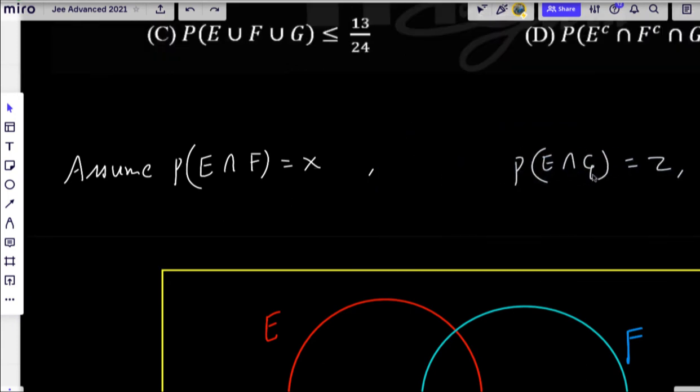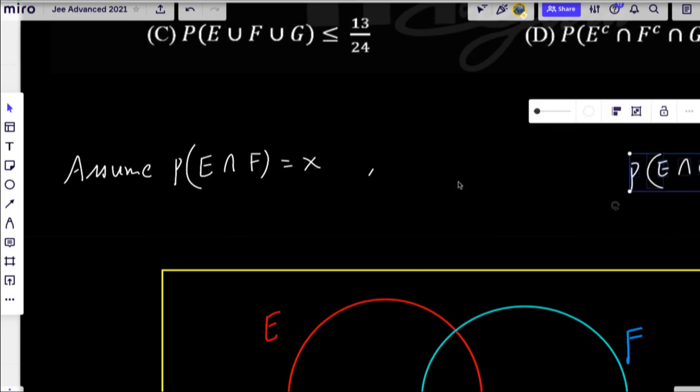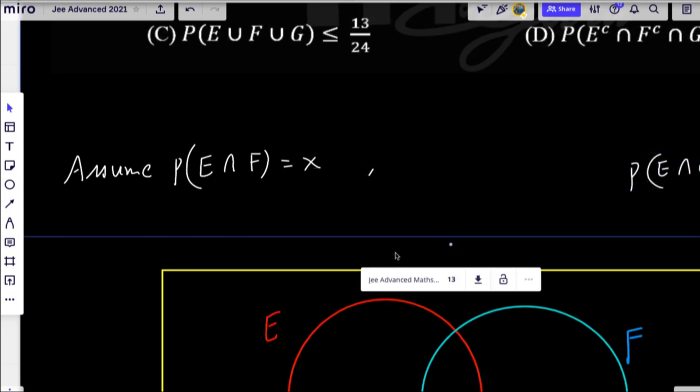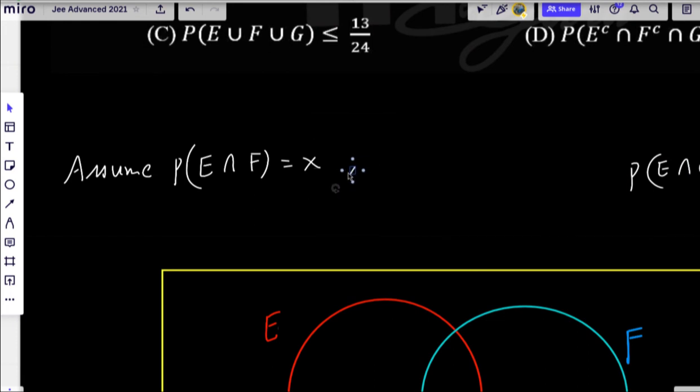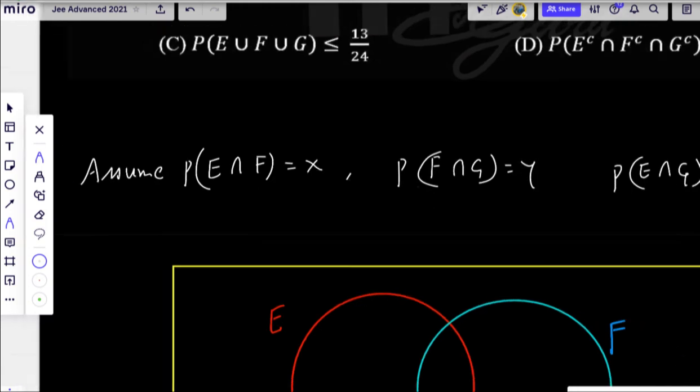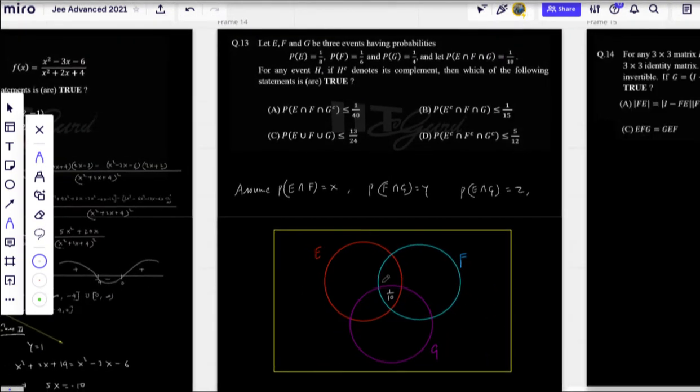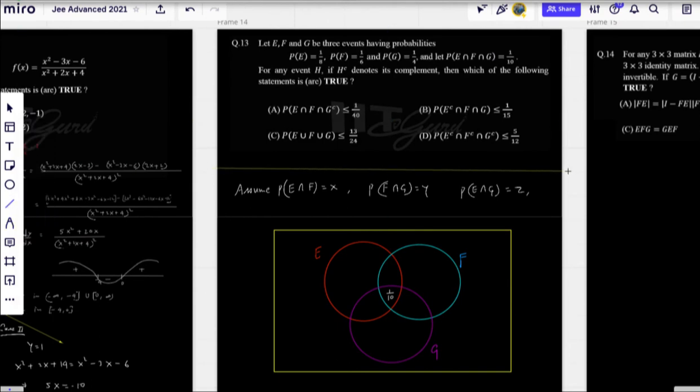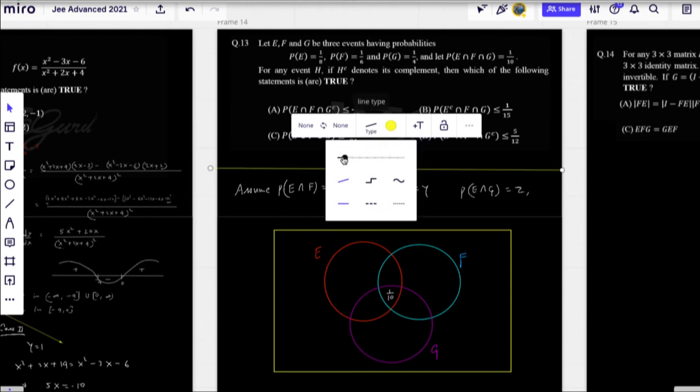Let me write here the probability of F intersection G, let's say Y. Okay, fine.